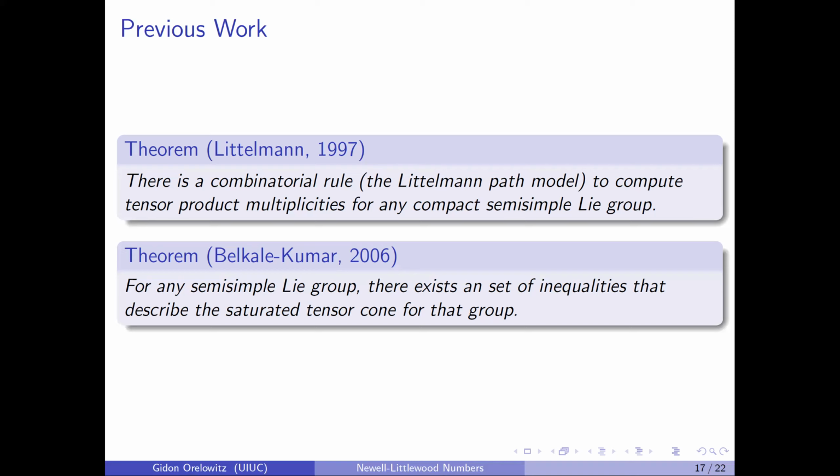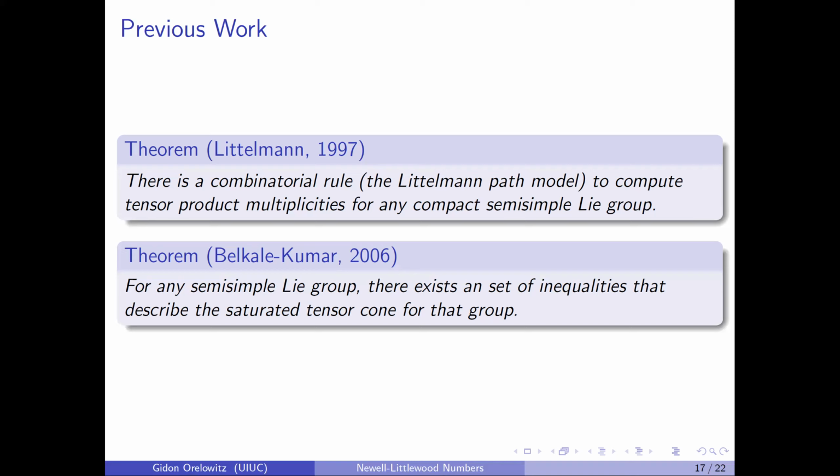However, just like before, sometimes we're not necessarily concerned with the exact numbers themselves, but when are these numbers 0 versus non-zero? Because we find that sometimes computing that is a significantly easier proposition and all we care about. But even that problem has been solved by work of Belkale and Kumar back in 2006.